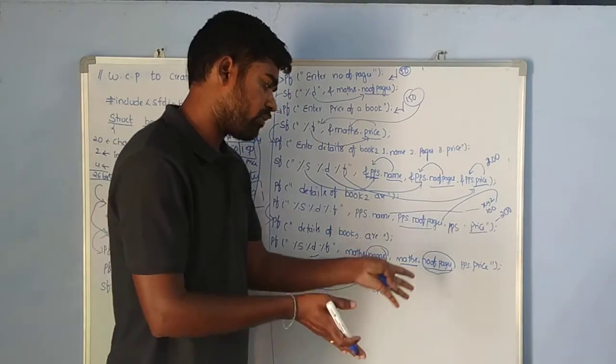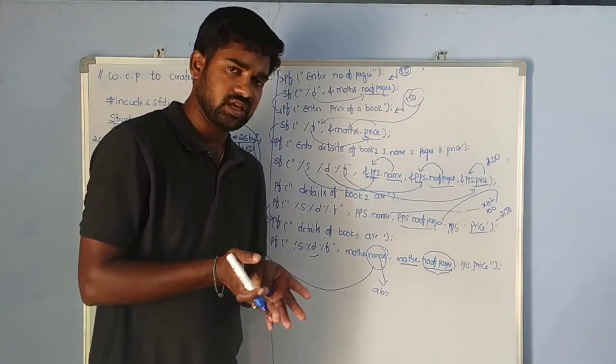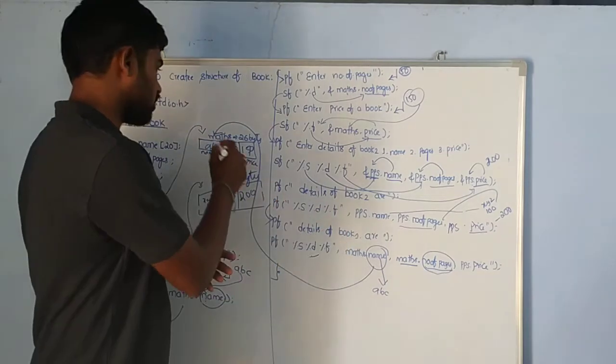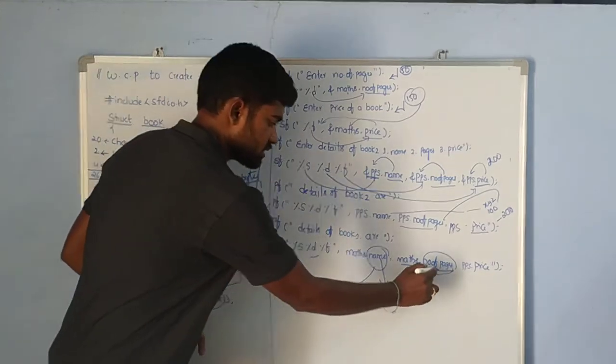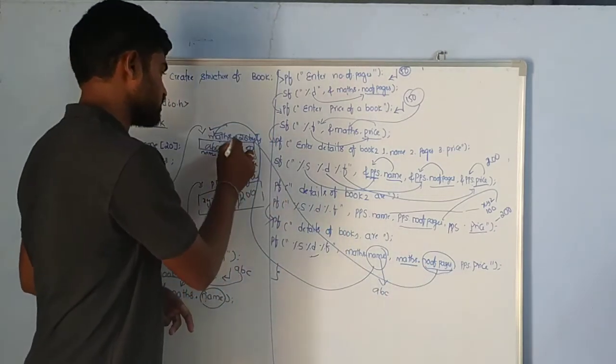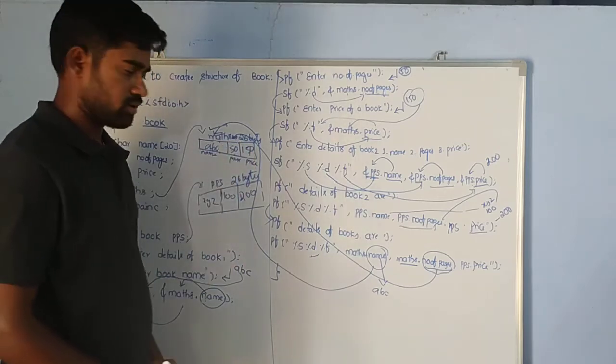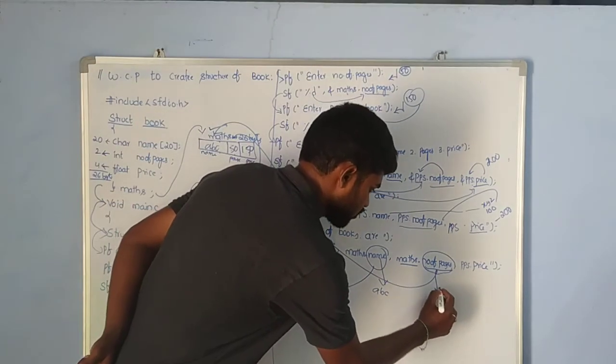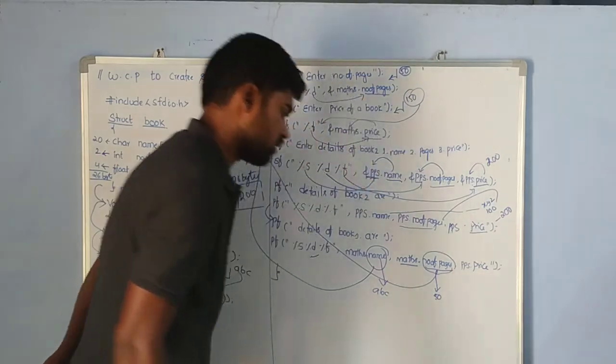Now we have two variables with number of pages. What is the variable name we gave here? Mass. The number of pages is going to be fetched from either PPS or mass, definitely from mass, but not PPS, because we clearly gave mass dot number of pages. This instruction is going to fetch the data 50. Now it is going to print 50.